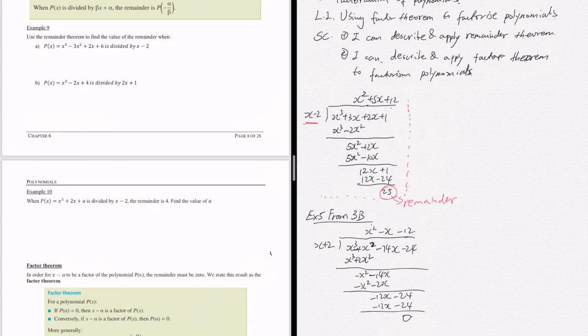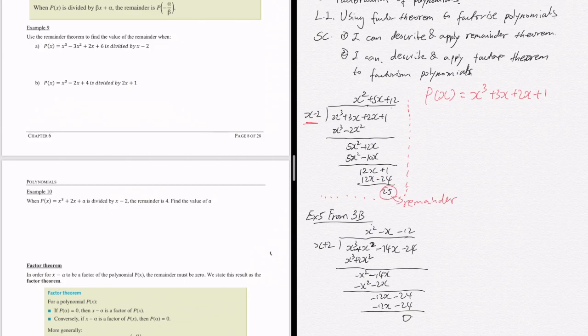Okay, so now I would like to show you something interesting. My polynomial function, the dividend, is x cubed plus 3x squared plus 2x plus 1. I just let it equal p of x, where p stands for polynomial function of x.